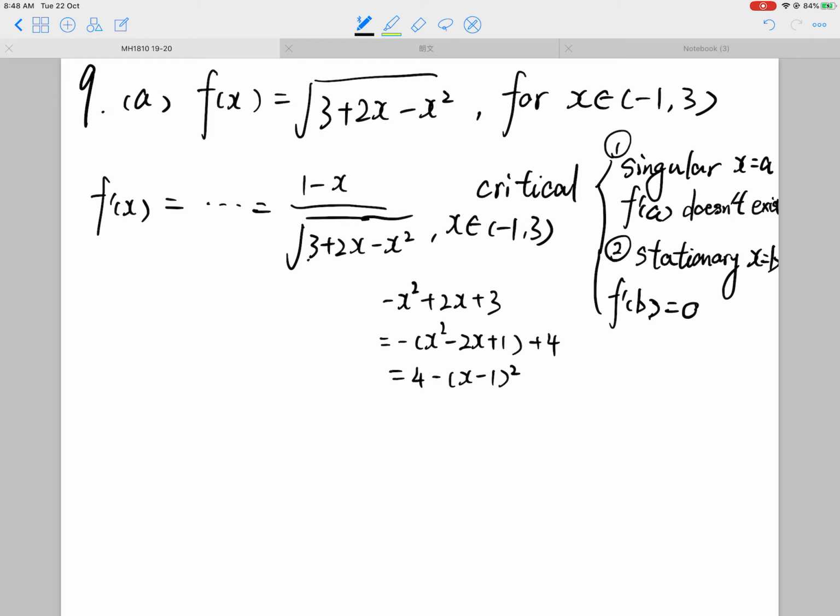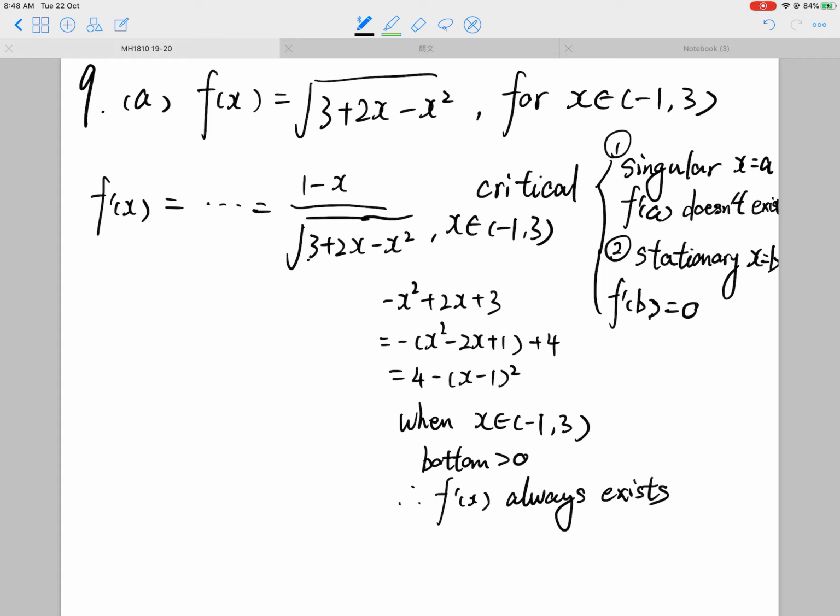So when x is between negative 1 and 3, this bottom is strictly greater than 0, right? So this part is not 0, so we don't need to worry. The top can be any number. So the bottom is never 0, which means this derivative always exists, which means there's no singular point.